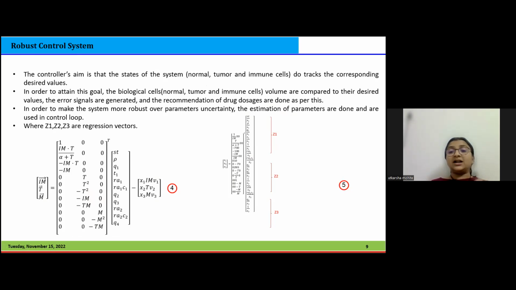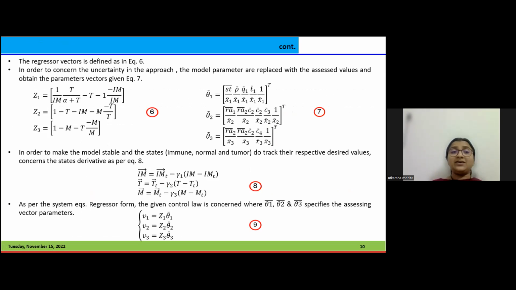These have particular mathematical models where the controller aims the state of the system, relating to the normal, tumor, and immune cells, to track the corresponding desired values. Likewise, some regressor vectors are considered while designing the controller.